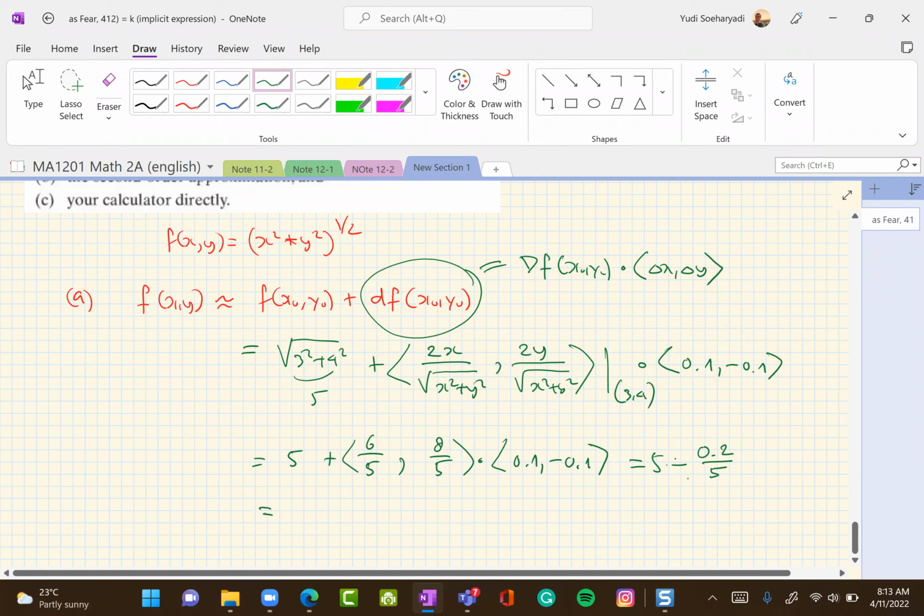So what you get there is 0.1, 0.2404. Okay, so that's first order approximations.